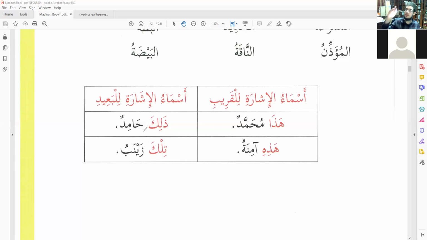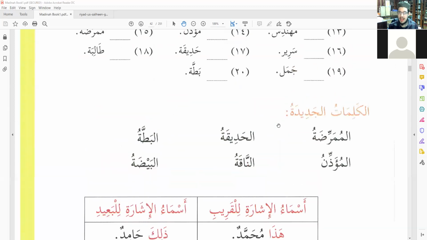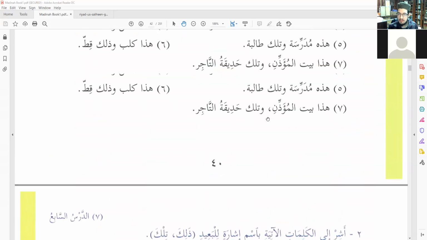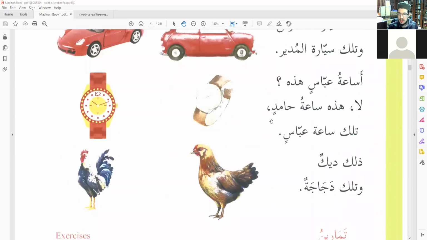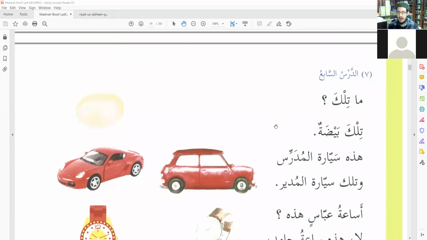Dhalika Hamidun is way over there. Tilka Zainabu, way over there is Zainab. So I just scrolled down to the chart just to give you the imagination of it.